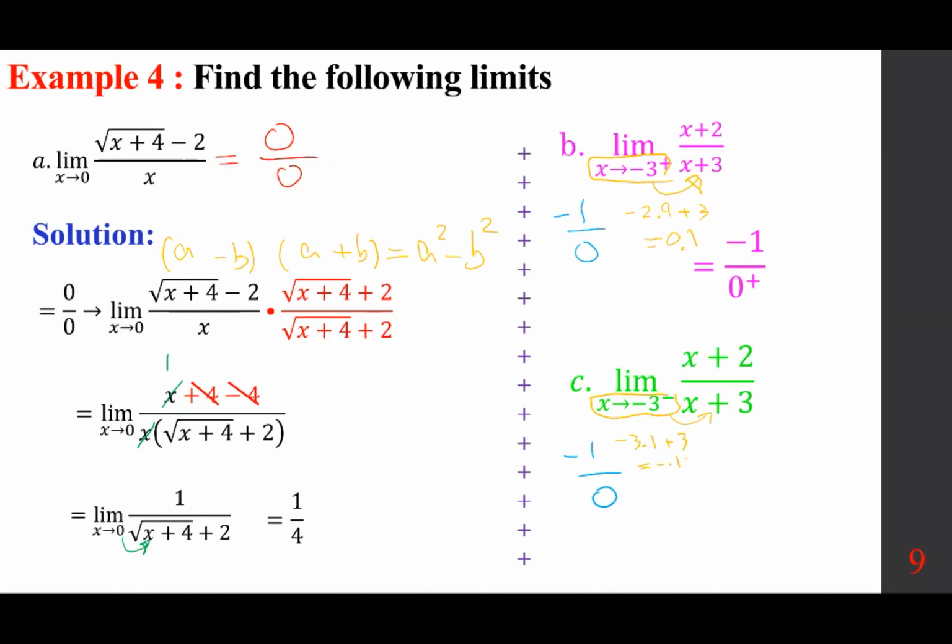So you have -1 again, but over what? 0 from the left. So what is the difference? The difference is this gives you -infinity, because negative over positive is negative. But this one gives you +infinity, because negative over negative is positive. And that's how I come up with the precise answer, whether it's positive or negative infinity.